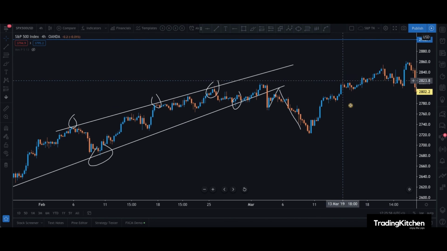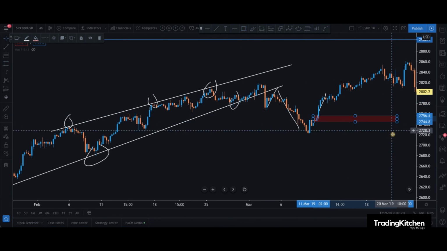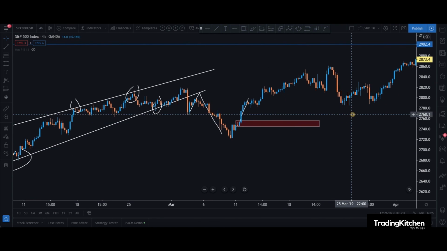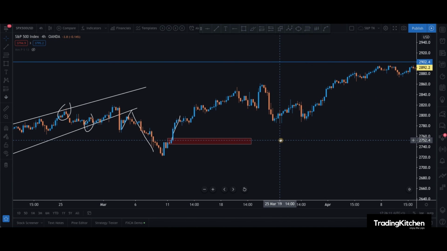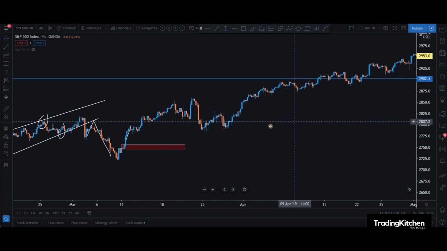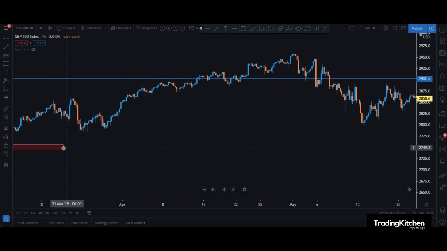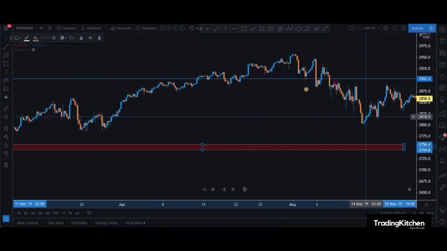Impulse here. So this is a good structure. Let me see what we can do.